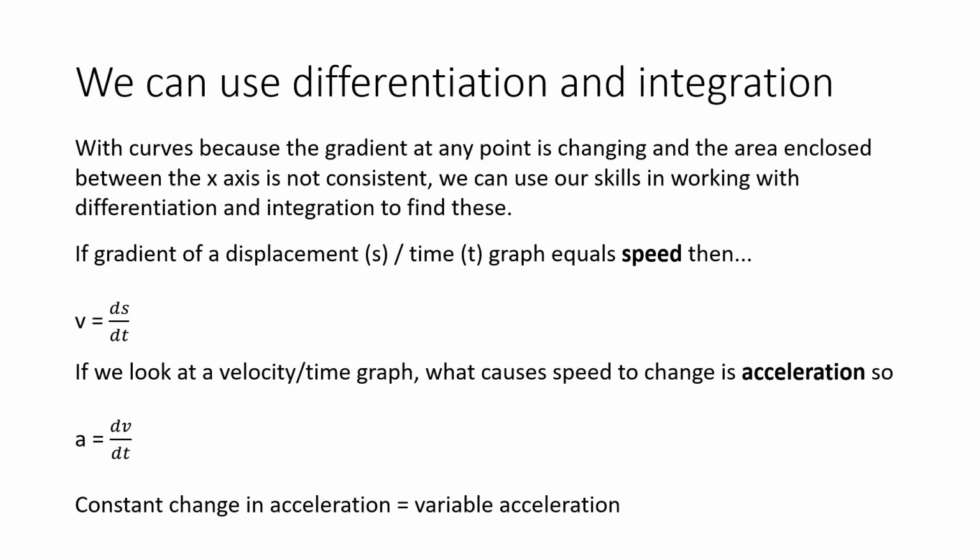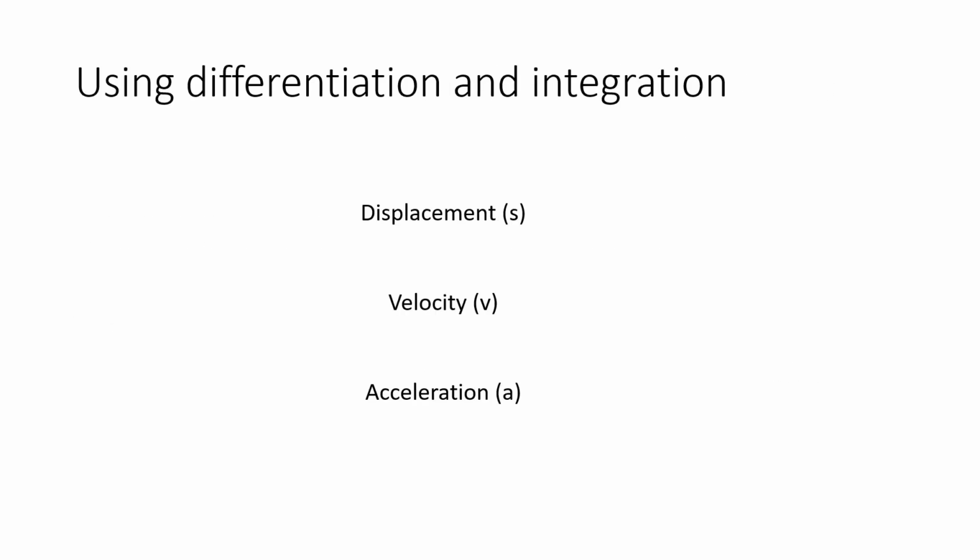Now, the key thing to remember here is that whenever you see the words of constant change in acceleration, this basically translates to variable acceleration. So if we look at the equation of a line plotted on a displacement time graph, then what this equation of the line represents is s in terms of t, and the gradient of this particular line represents the velocity.